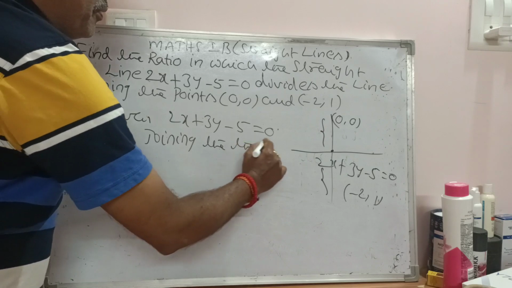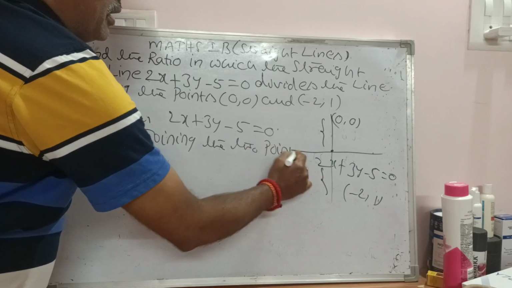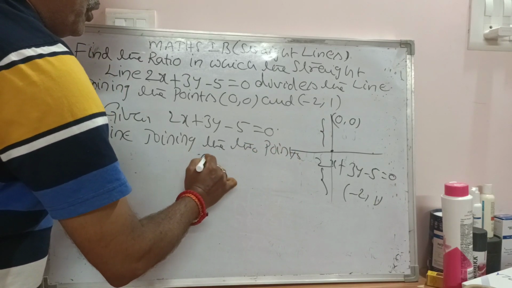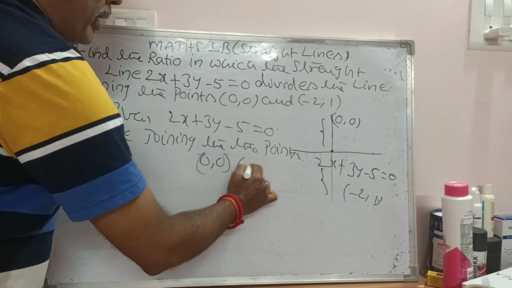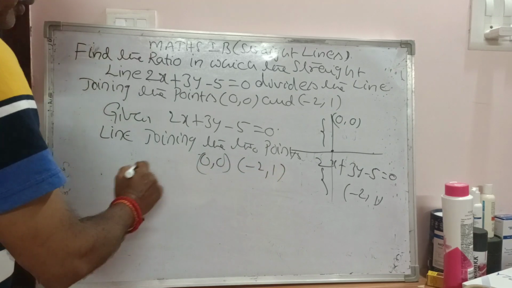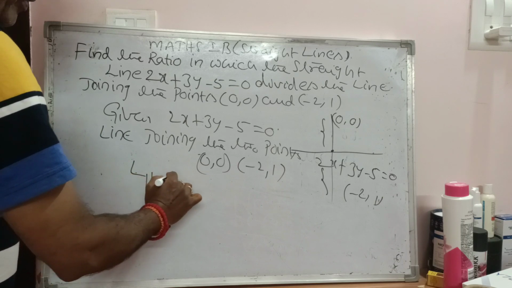The 2 points are (0, 0) and (-2, 1). Here we have to find L11.